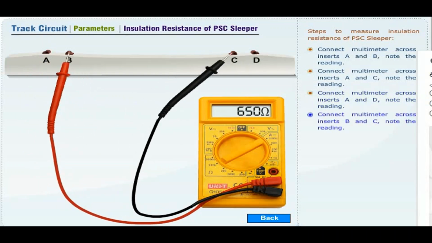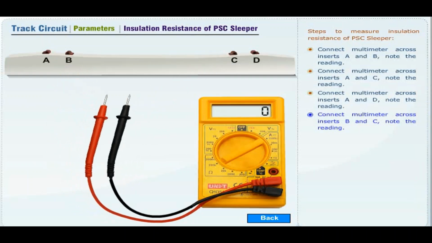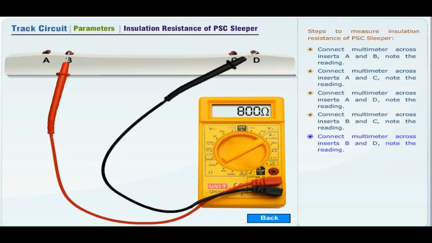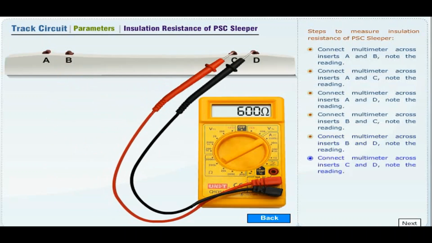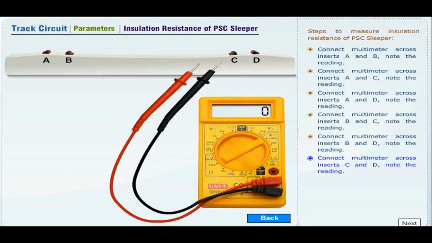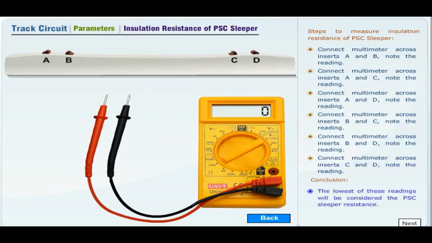Connect multimeter across inserts B and C. Note the reading. Connect multimeter across inserts B and D. Note the reading. Connect multimeter across inserts C and D. Note the reading. The lowest of these readings will be considered the PSC sleeper resistance.